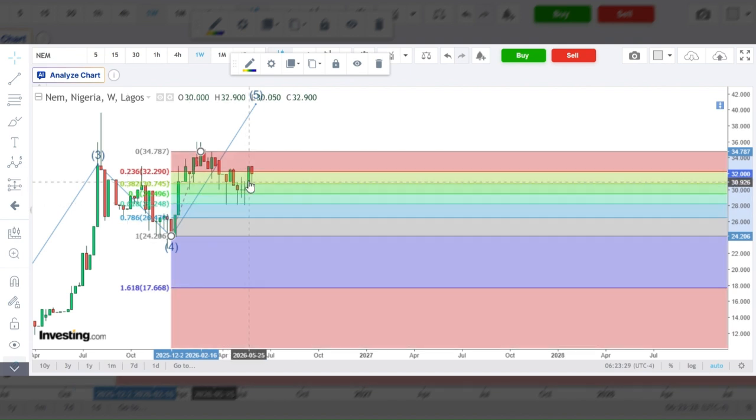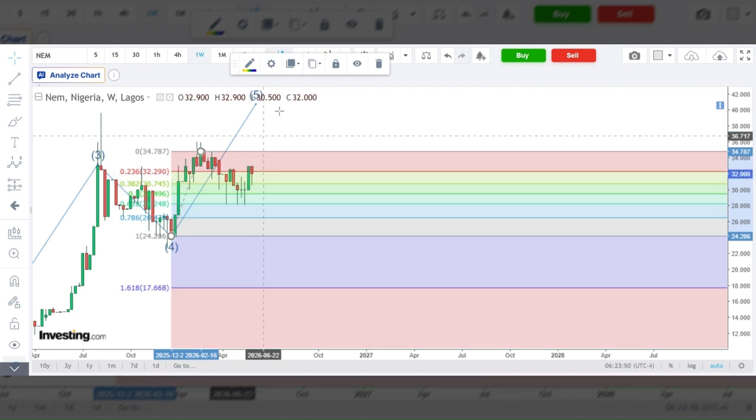It is still trying to break this resistance level here. That's why you are seeing a bear candle. There's a brief resistance level here, so it's trying to break it and then go up to our 44 level.